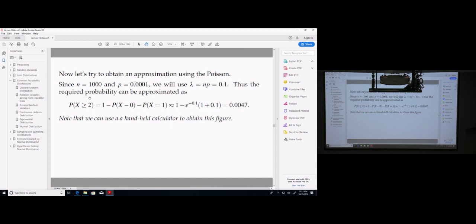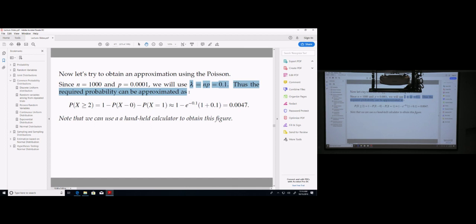And now the first thing is to pick a Poisson approximation. The Poisson only needs one parameter to fix it, and that would be the lambda. And the lambda is the mean of the Poisson. So in order for you to have a good approximation, you want to match the mean of the binomial.